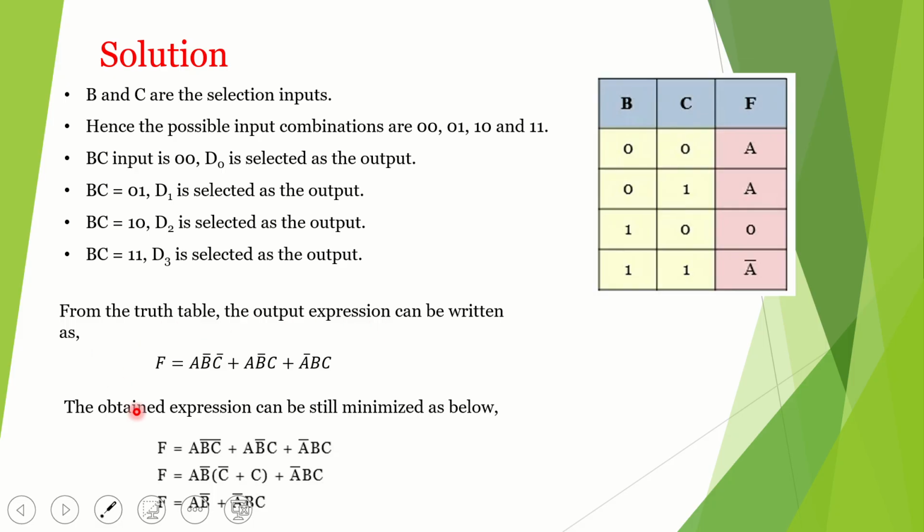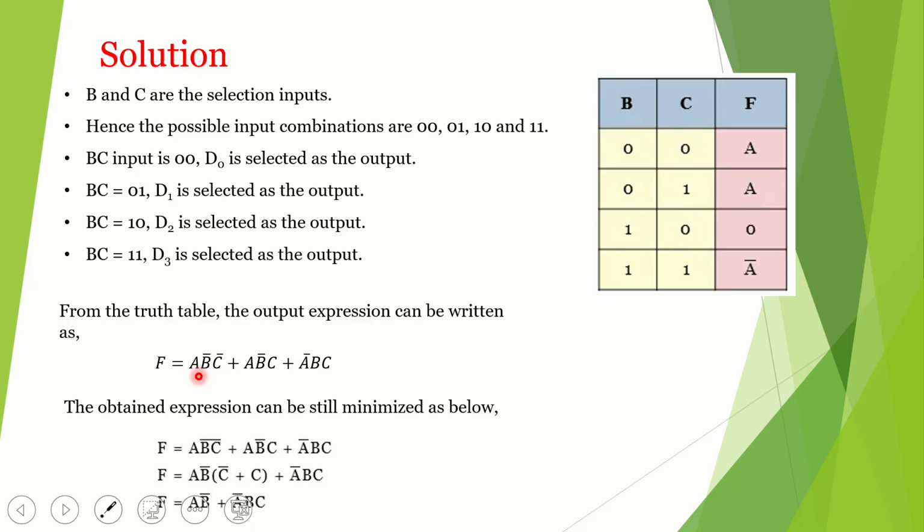So after getting this expression, we have to simplify this expression. So by simplifying, here A B bar is common in both the terms, so we take it outside. So C bar plus C is inside. So what is the result for C plus C bar? If we consider C is equal to 0, C bar value will become 1, so 1 plus 0 is 1.